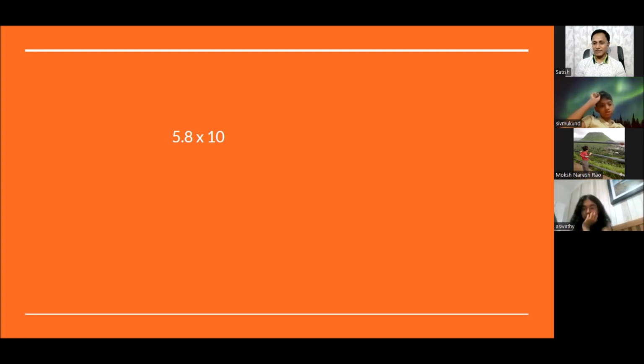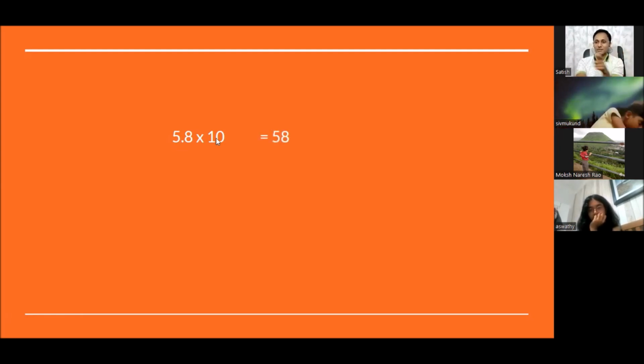So 5.8 is 58 by 10. 58 by 10 into 10, the 10 will cancel in the numerator and denominator, so you will get 58. So 5.8 into 10 is 58. 10 into 0.1 is 1. So when you multiply with tens, the decimal will shift equal to the number of zeros, from left to right. See, this decimal point was here. Now it is shifted.